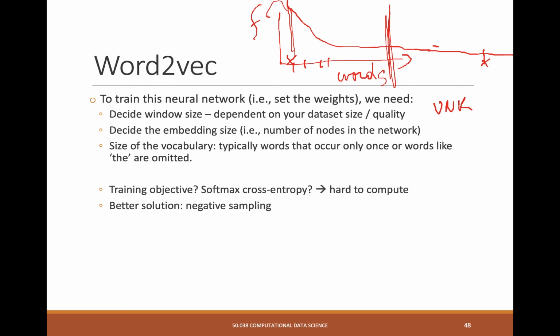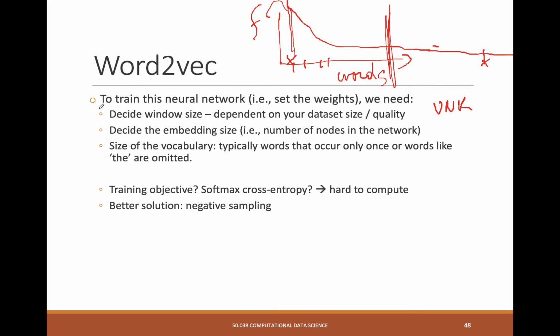If you don't have much information about the words because they do not occur often, your model is not going to be learning too much useful about them anyway. Okay. So choose the size of your vocabulary. Also, some words like the or a may be omitted because they typically don't contribute too much information.